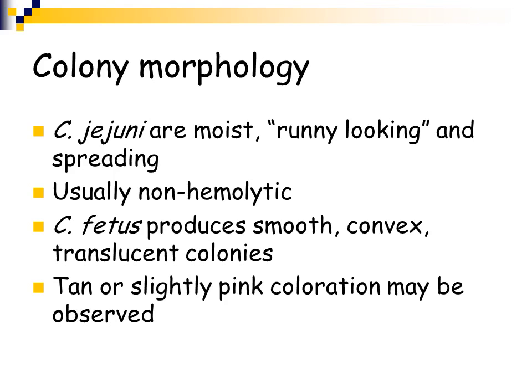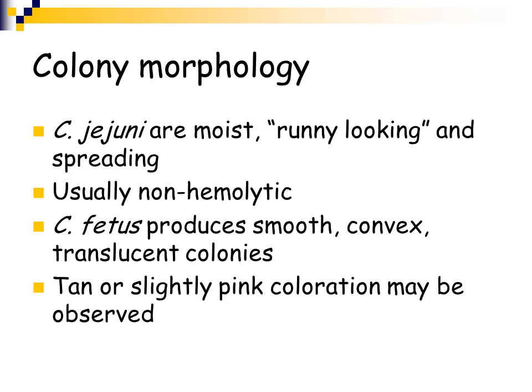Now, for colony morphology, Campylobacter jejuni are moist, runny looking. They tend to spread, so it almost looks like there was too much water on the plate and it moved the organism from one side of the plate to the other. Usually they're non-hemolytic. Campylobacter fetus produces smooth, convex, translucent colonies.